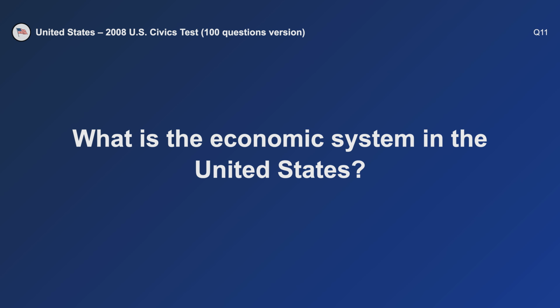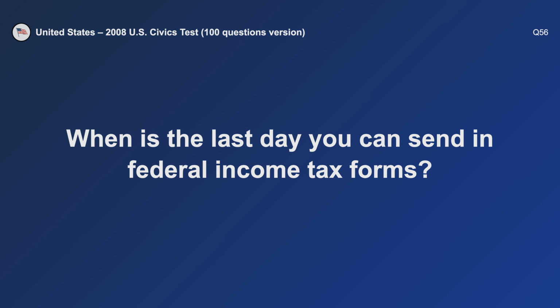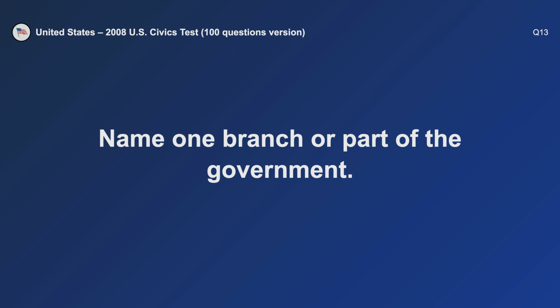What is the economic system in the United States? Capitalist economy. When is the last day you can send in federal income tax forms? April 15th. Name one branch or part of the government.